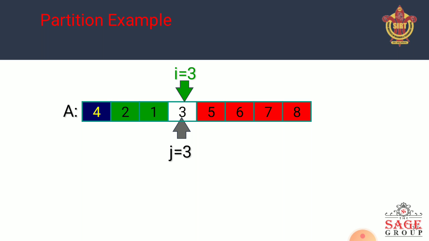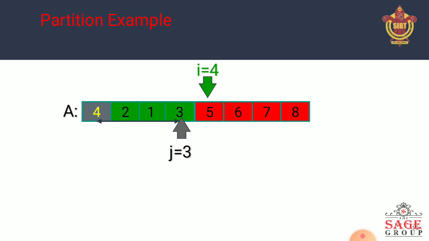So here we see i and j cross each other, that is, the jth index is less than the ith index. Here i is equal to 4 and j is equal to 3. In this situation our pivot element is swapped with the current j index value. So we swap 4 with 3 like this.